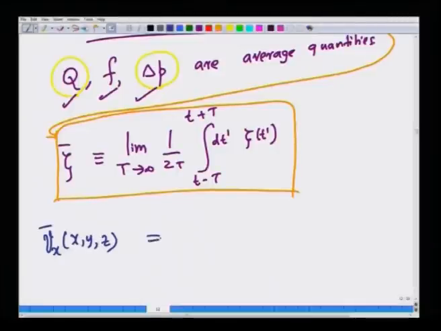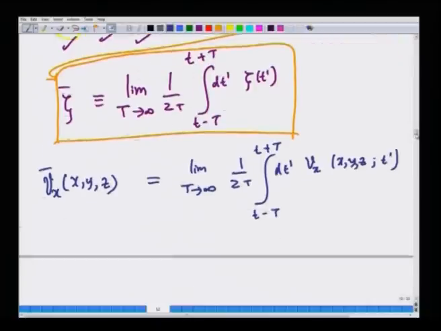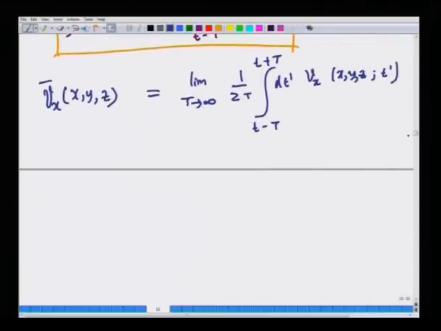So, the time average velocity in the x direction, for example, is the limit of 1 over 2T, integral from small t minus capital T to small t plus capital T, dt prime Vx, the actual velocity, which is of course a function of time. Okay. So, while the actual velocity is a function of time, the average velocity we are assuming is time independent; the process is stationary or steady in the mean.